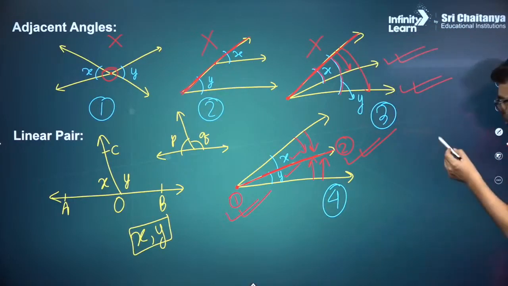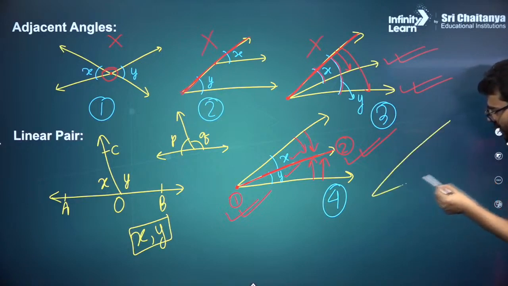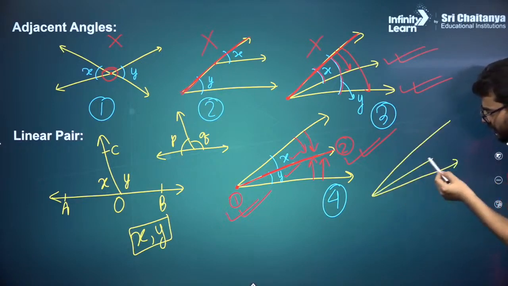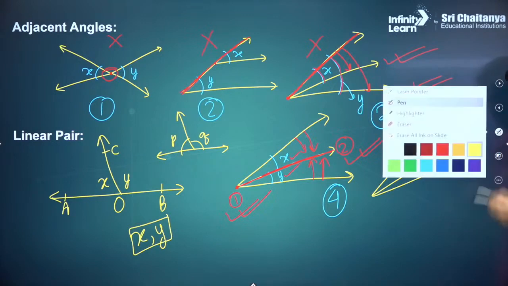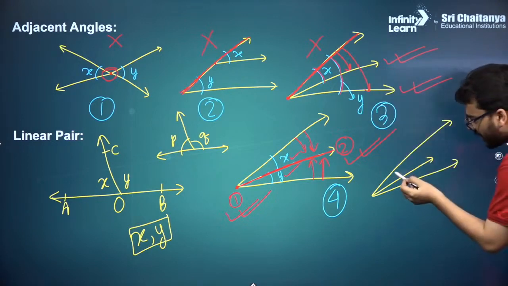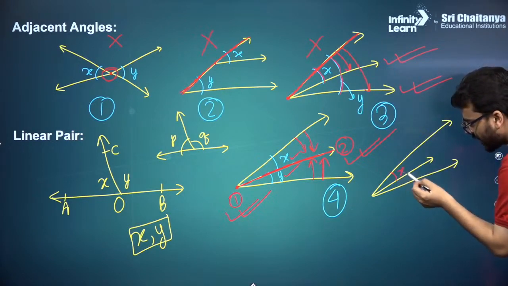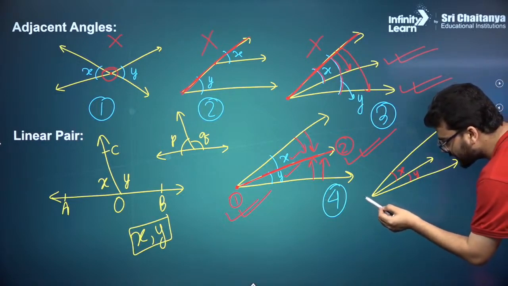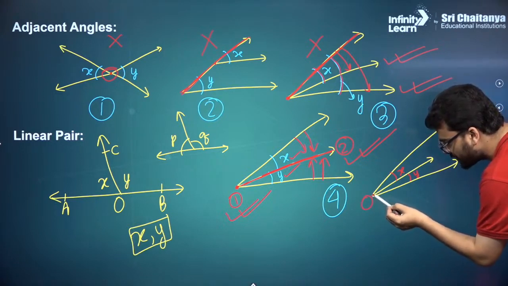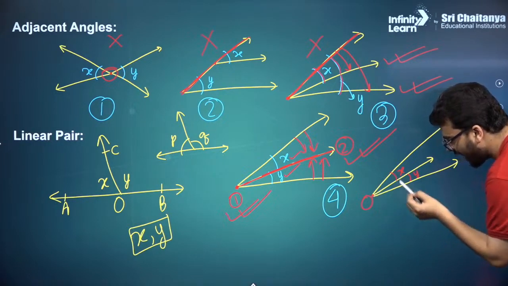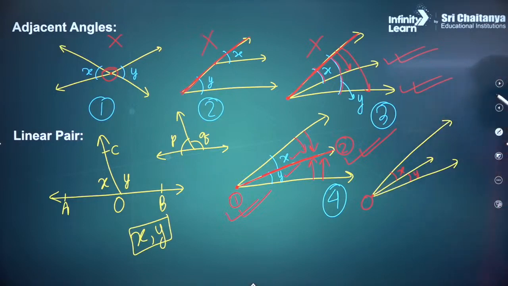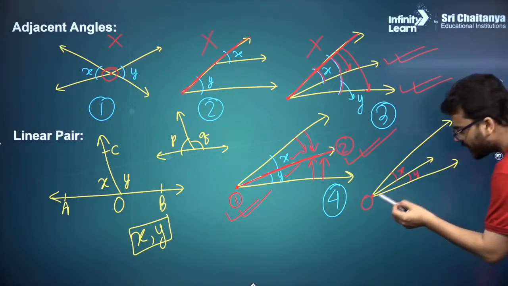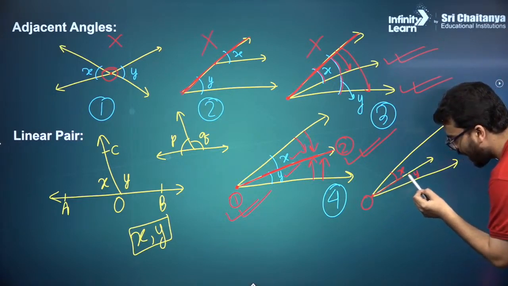See, Bimla, over here, if I make the figure like this, wait, you'll understand it properly. See, if I make this angle x and this angle y, these are adjacent angles. Why are they adjacent angles? Because the vertex is common, vertex is same. This is the vertex or not? For angle x and for angle y, this is the vertex. First situation. Second thing, there is a common arm.